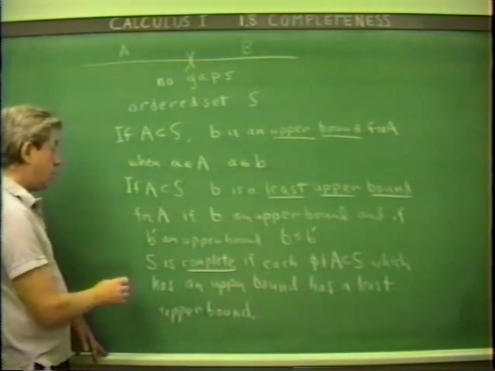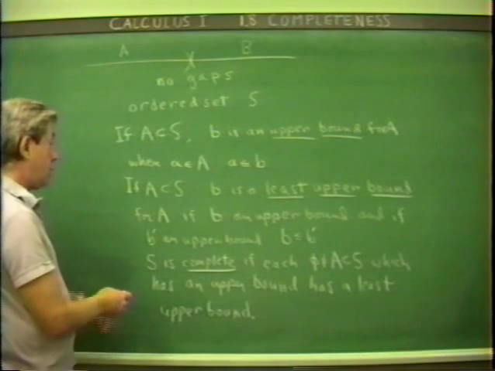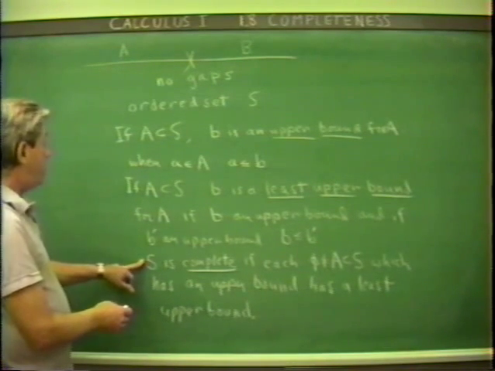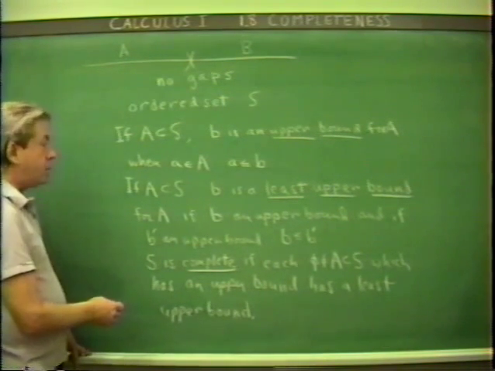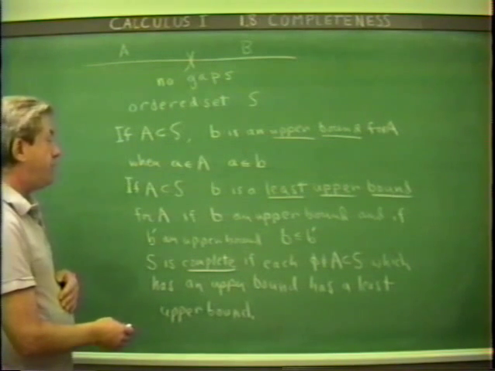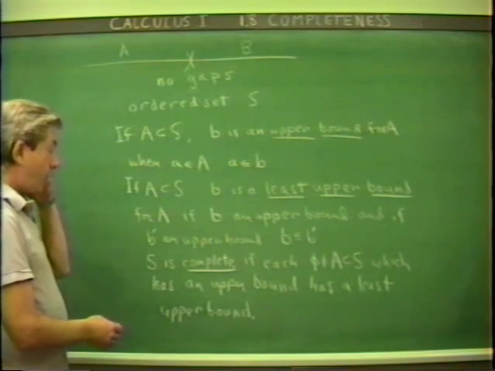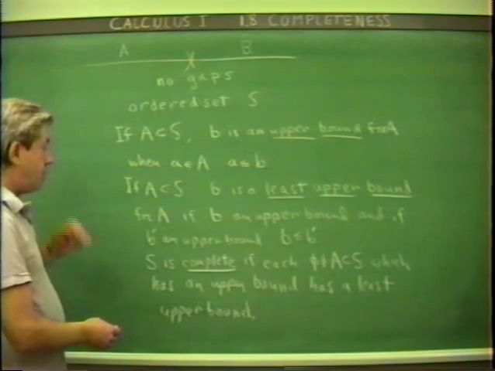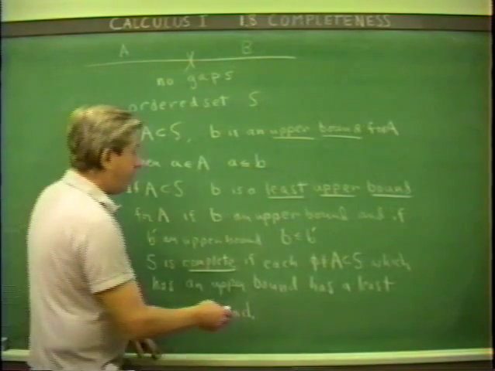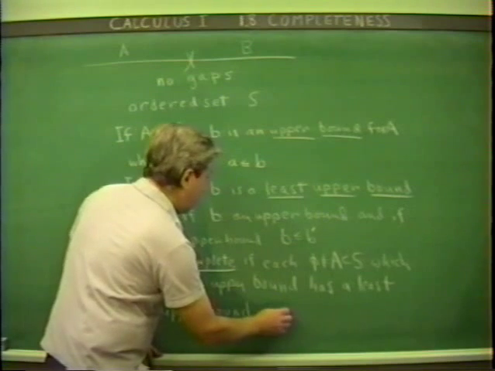That's the definition then of complete. An ordered set S is complete if each non-empty set which has an upper bound also has a least upper bound.